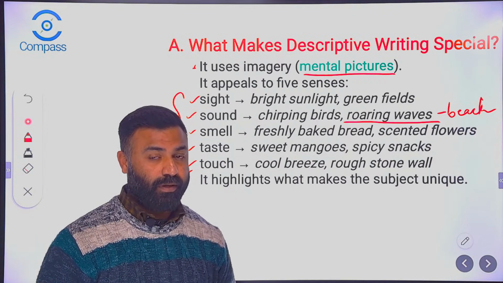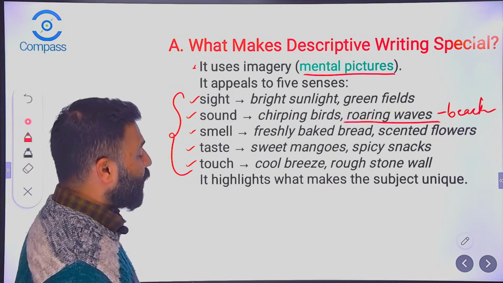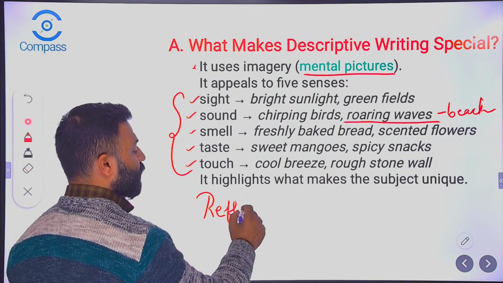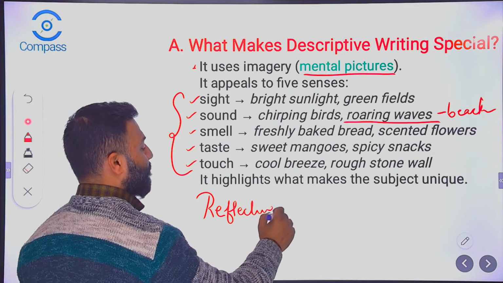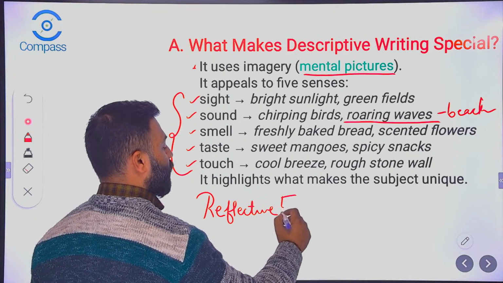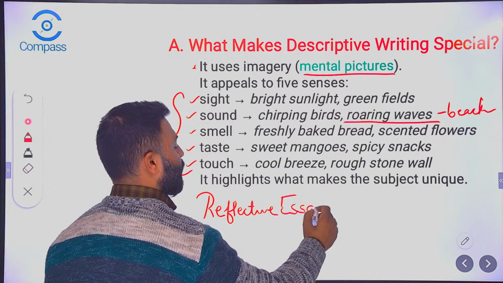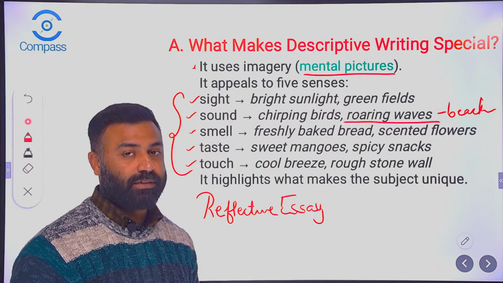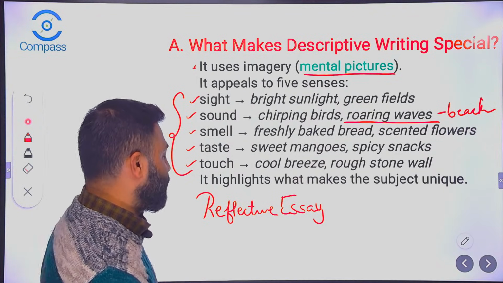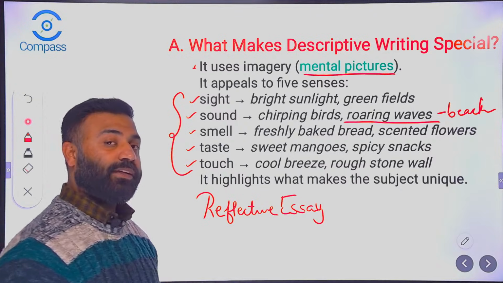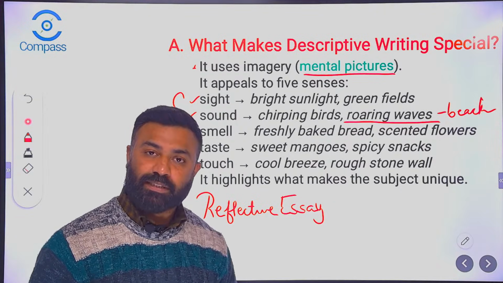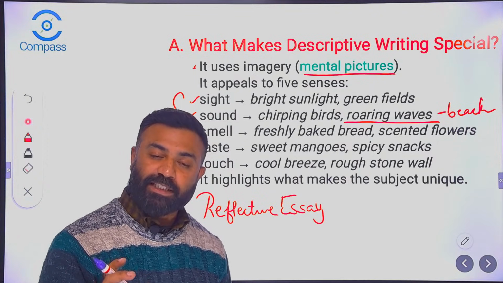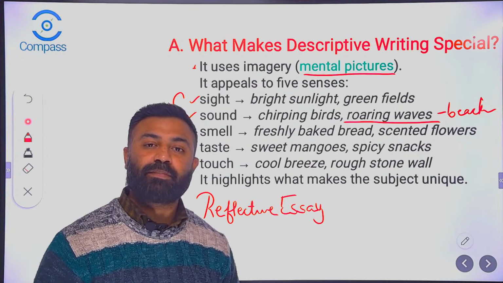Now as I'm explaining descriptive writing, I would like to explain one more thing, that is the reflective essay. That was not on the list, but it has come to my mind, and I would like to tell you. Now what are reflective essays? A thoughtful essay. Suppose a topic has been given to you: honesty is the best policy.